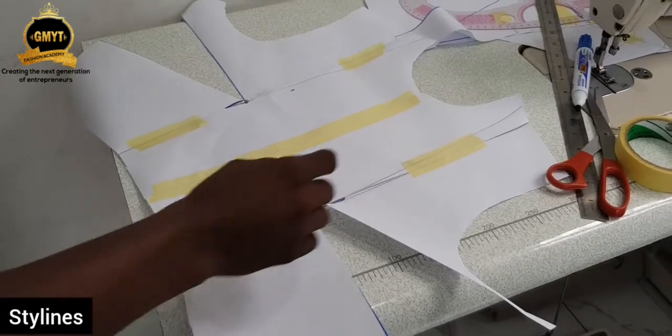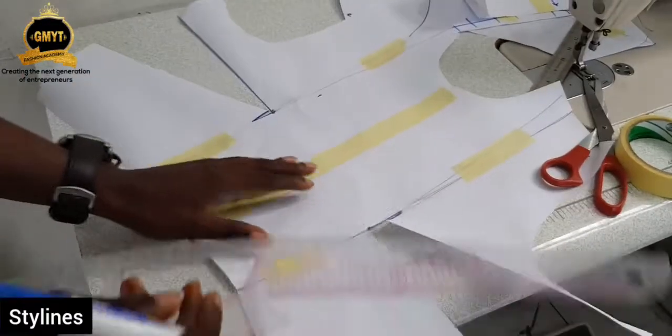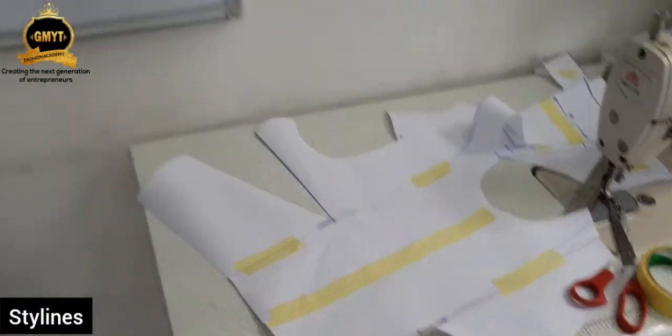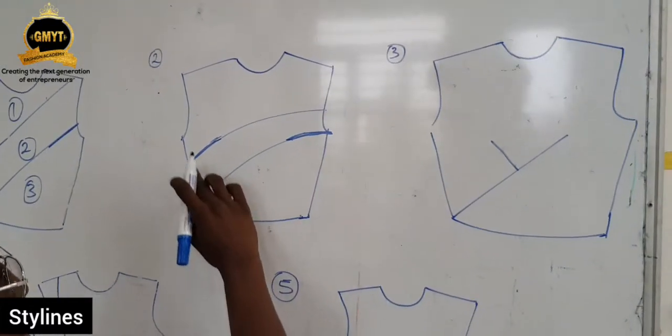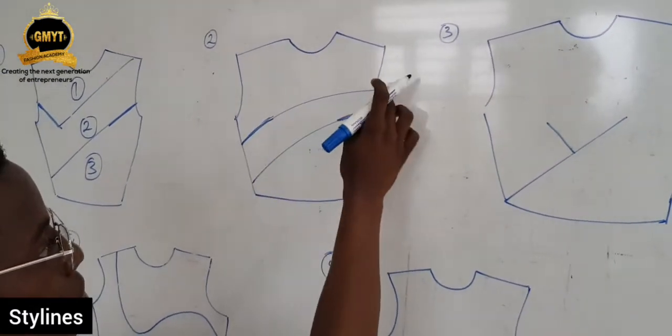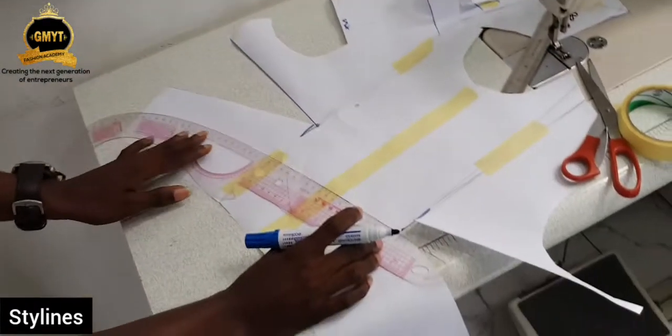So now, we create our style line according to what we have in our design. It comes all the way down to the side seam. This also connects all the way down to the arm circumference with a curve.